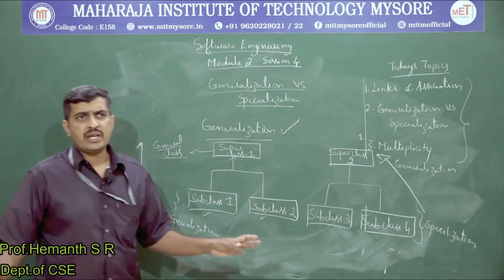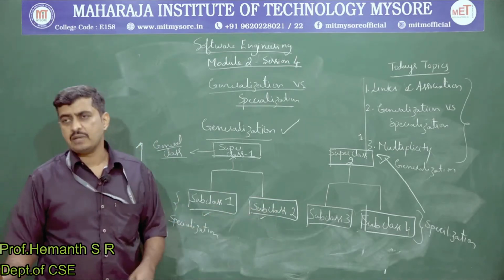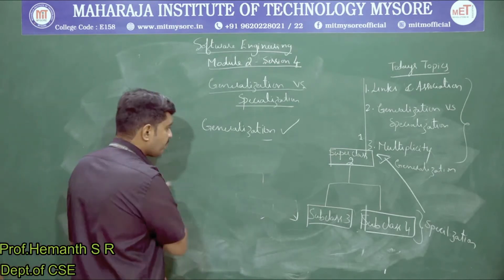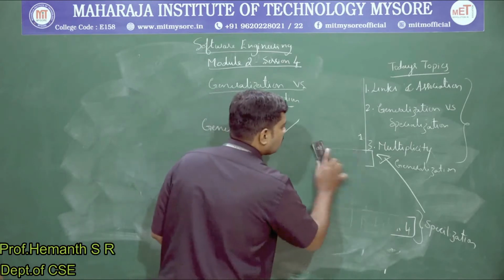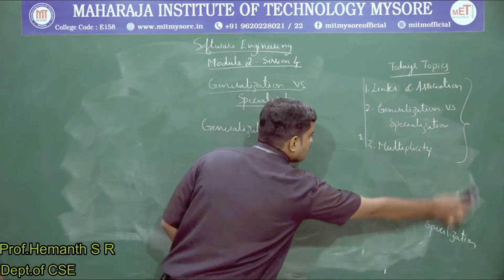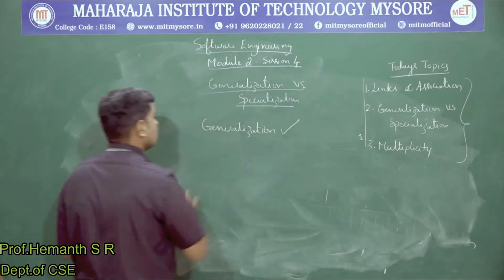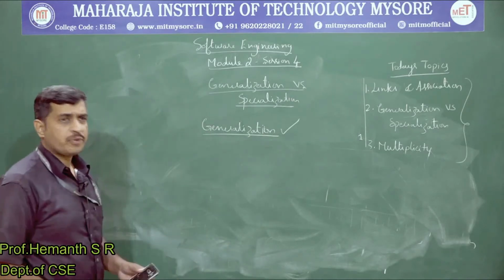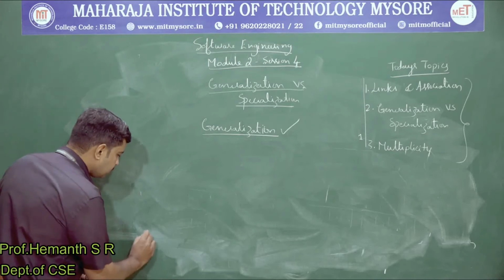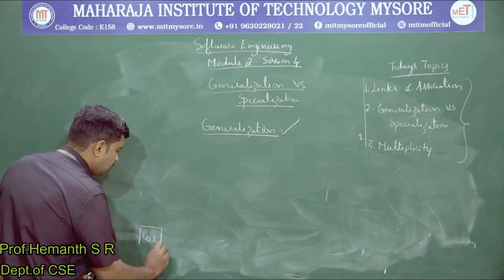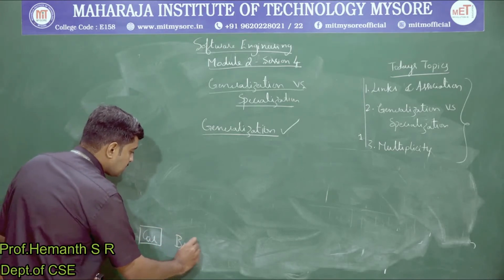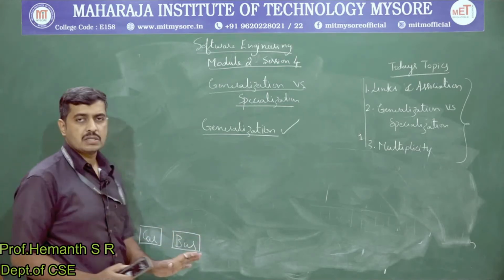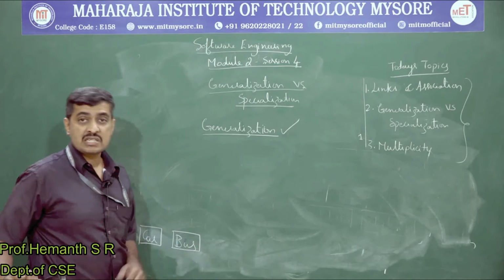To improve our understanding, I'll take a more specific example for generalization. So let us consider a few vehicles like car, bus. We'll assume car and bus are the subclasses.